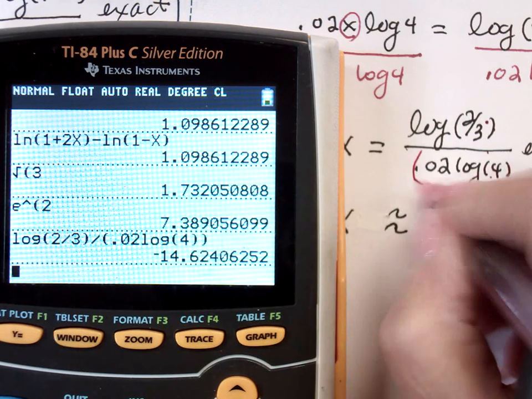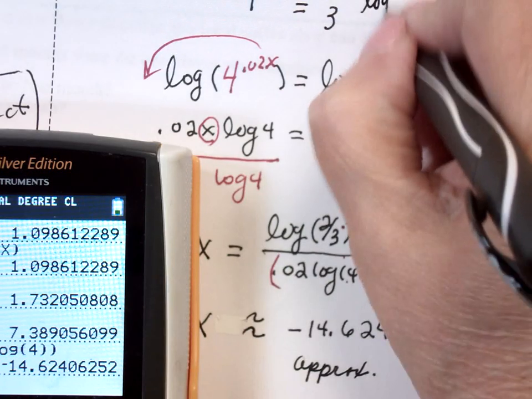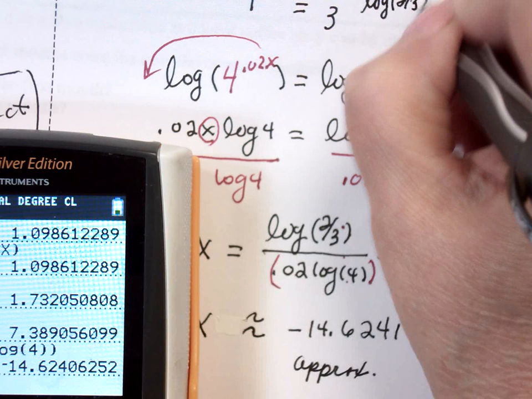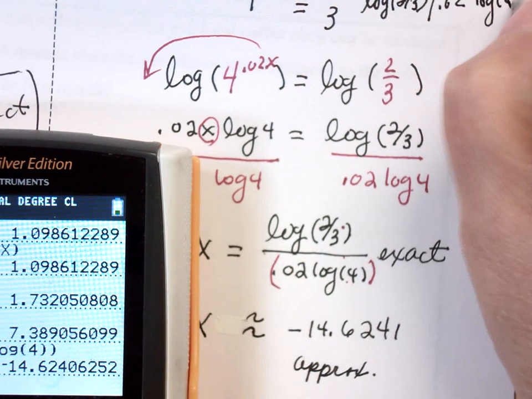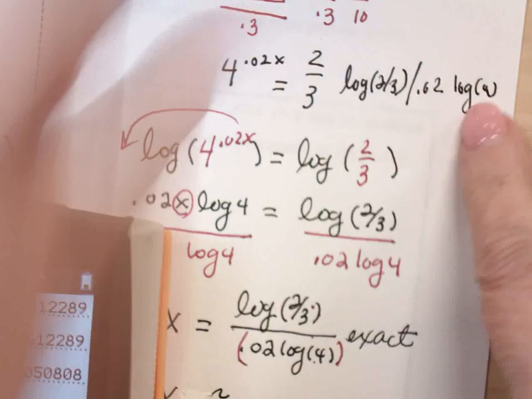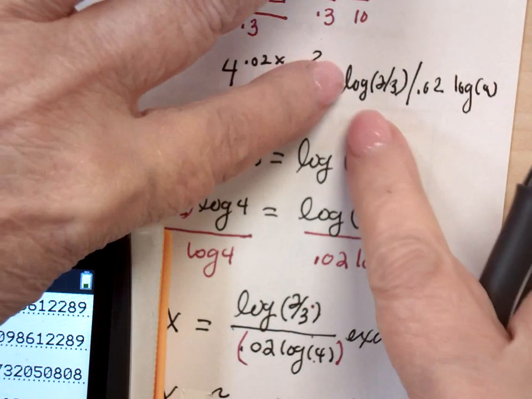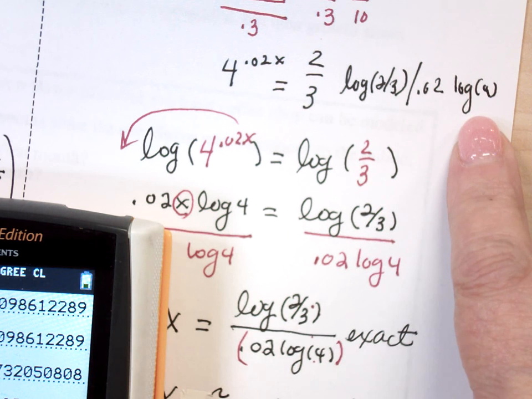Without this parenthesis, order of operations would take the log of 2/3, divide that by 0.02, and then multiply the whole thing by the log of 4.